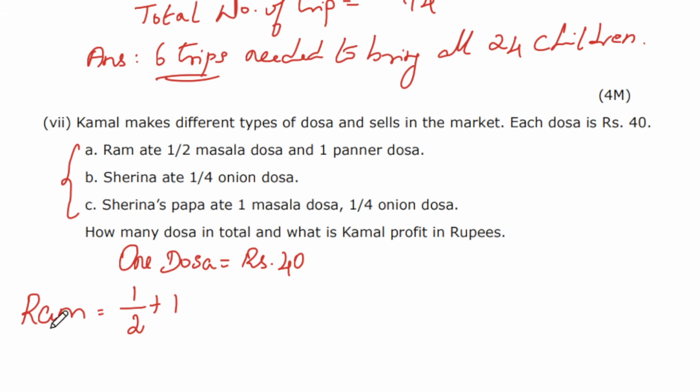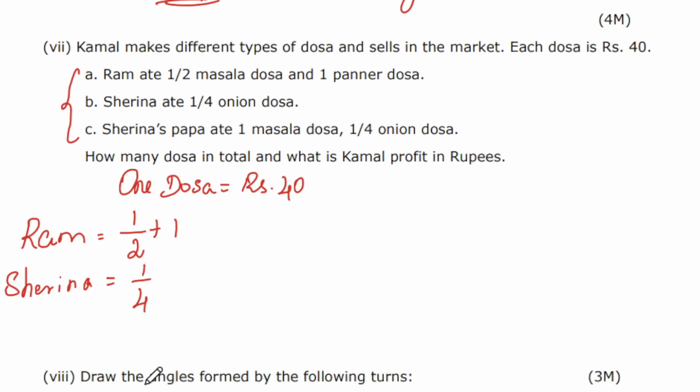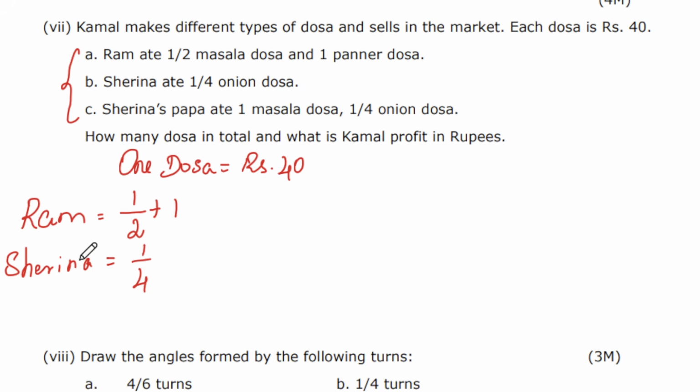So 1 by 4. So Sharina ate 1 by 4 dosa. Next, Sharina's papa. Papa ate 1 masala dosa plus quarter, 1 by 4, onion dosa.